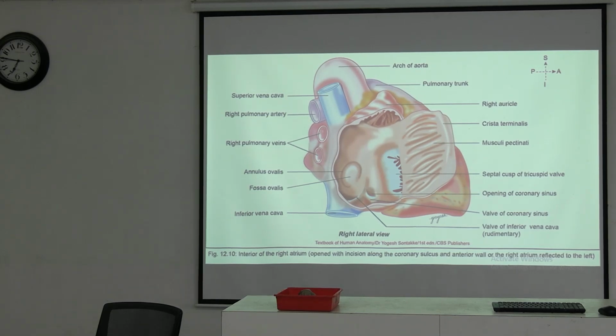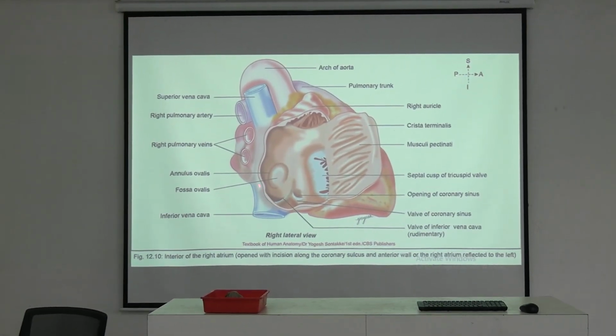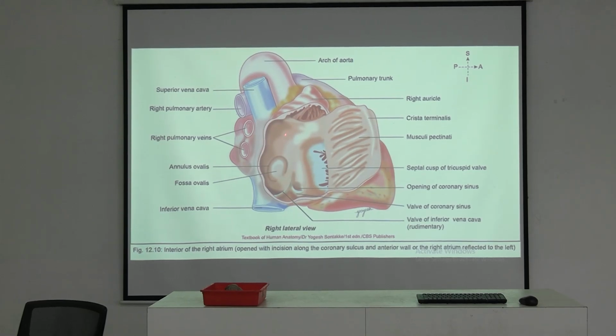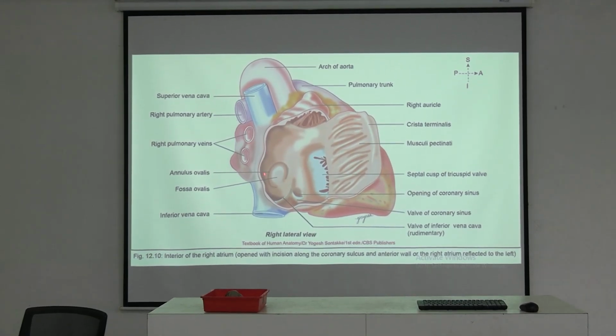The other parts are smooth, and this is the septum between the atria. What we are seeing is the view of the septal wall of the atrium from the right side. Here we can see one depression.